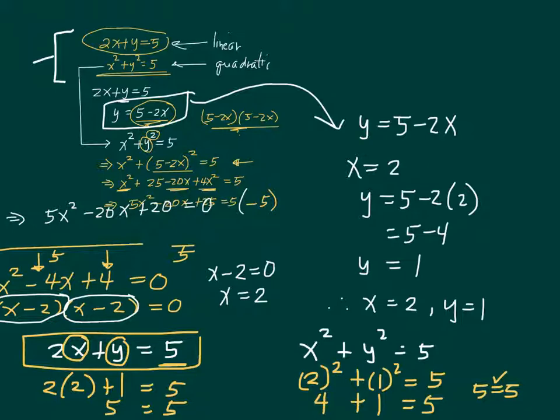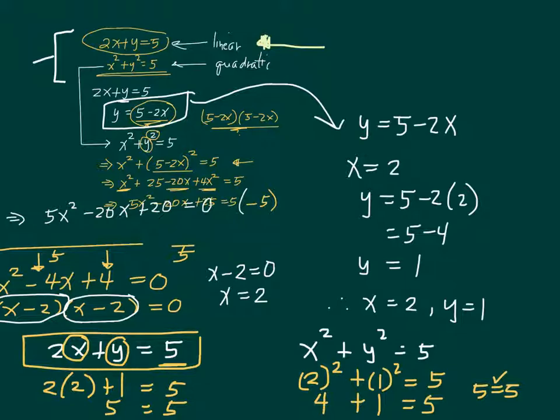Okay, so just to wrap up, whenever you deal with simultaneous equations with one linear and one quadratic, you always work first with the linear, trying to isolate either x or y, and then use that in the second equation, in this case the quadratic equation.